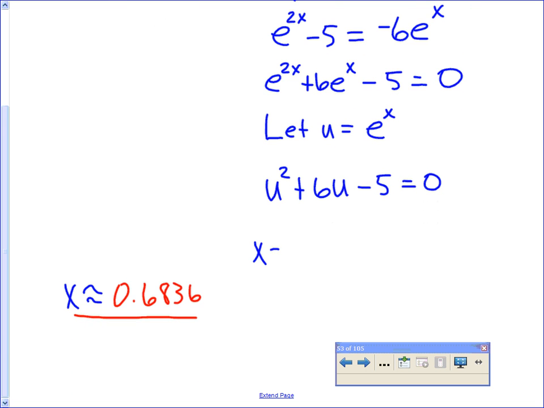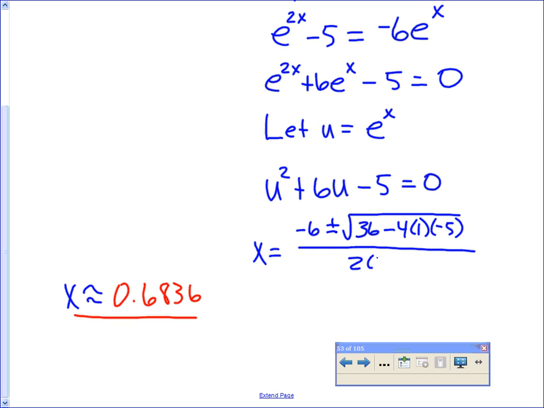Okay, so x is going to be equal to our negative b plus or minus the square root of b squared minus 4 times a times c, and that's going to be over 2a. And when we simplify this, we end up with negative 6 plus or minus the square root of 56 over 2.